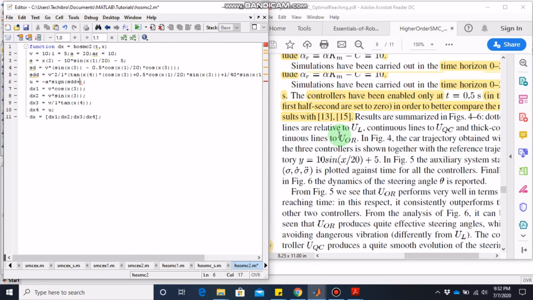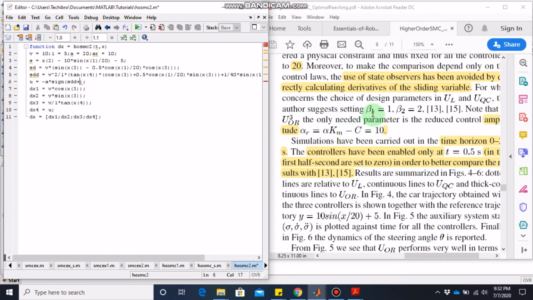So here we can search for their value. Here beta 1 is 1 and beta 2 is 2 in the paper. So we say b1 equal 1 and b2 equal 2. The values are given by the authors in the paper.